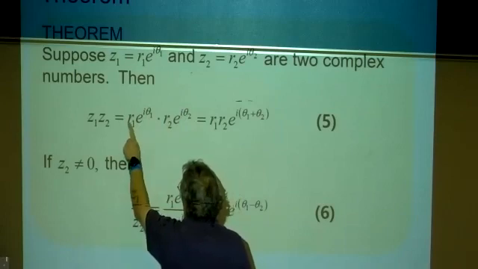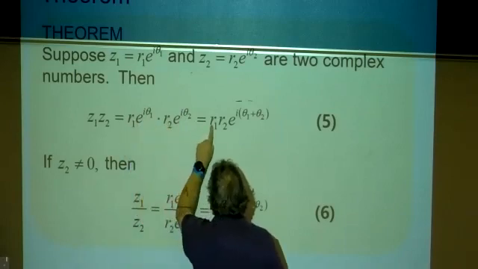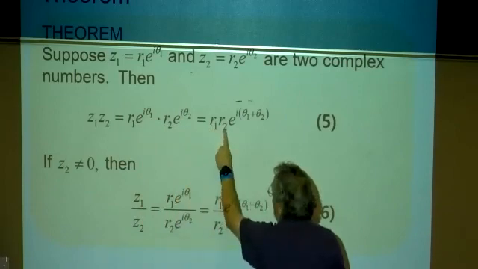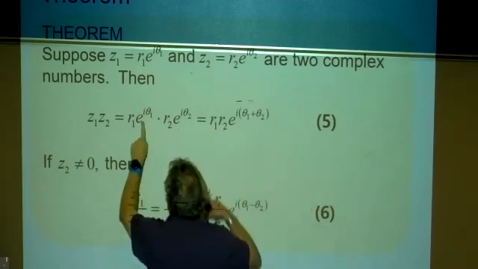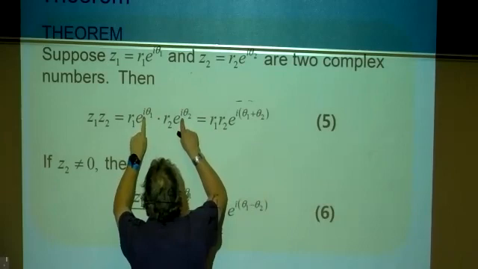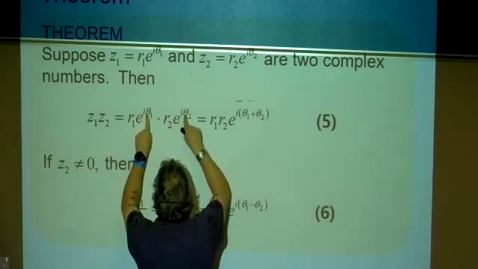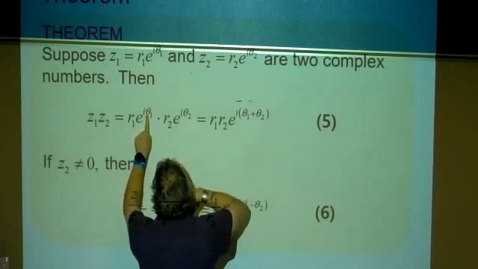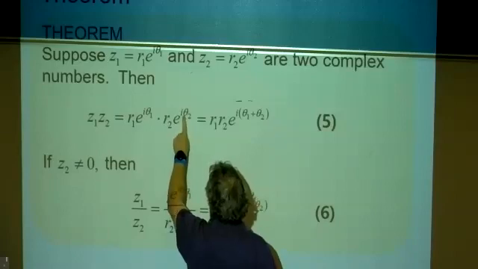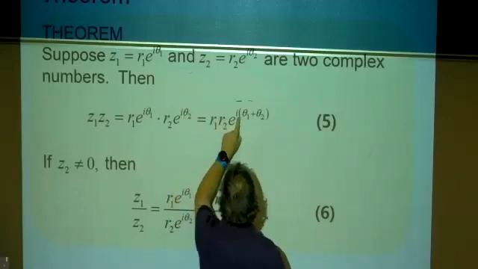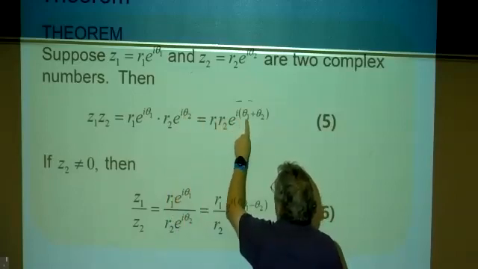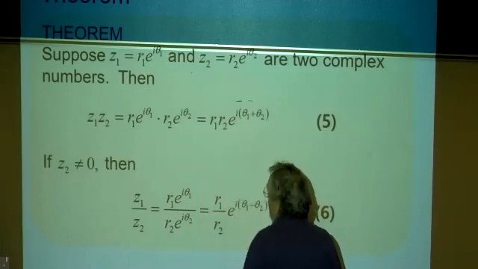So that means we multiply the r's together, r sub 1 times r sub 2. And because the bases are the same and we're multiplying them, we're going to add the exponents. So it's I theta sub 1 plus I theta sub 2. You can factor the I out. So it's I times the sum of the two angles.